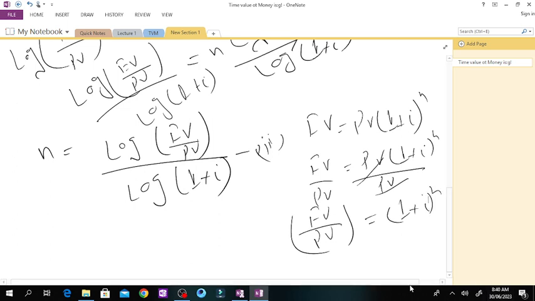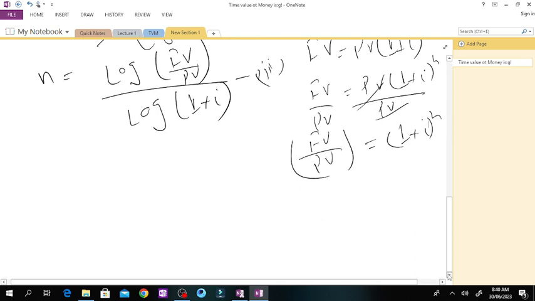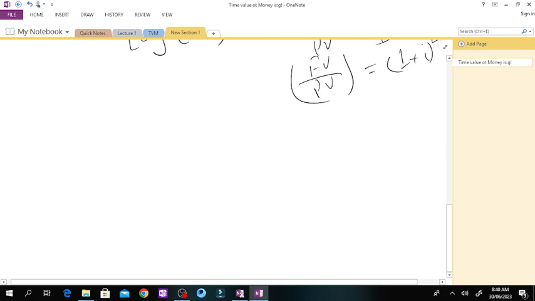Now what would be the next step? You will cross multiply it, and multiply by 1 by n on both sides.